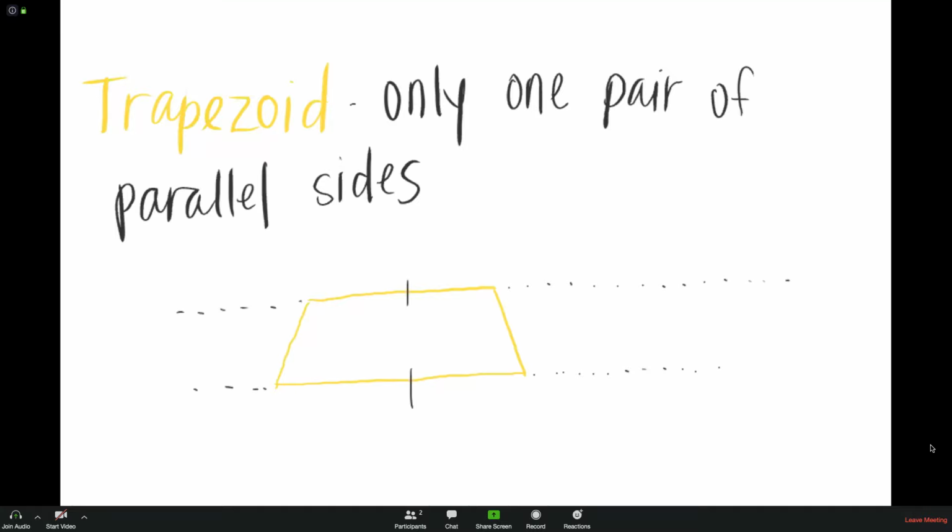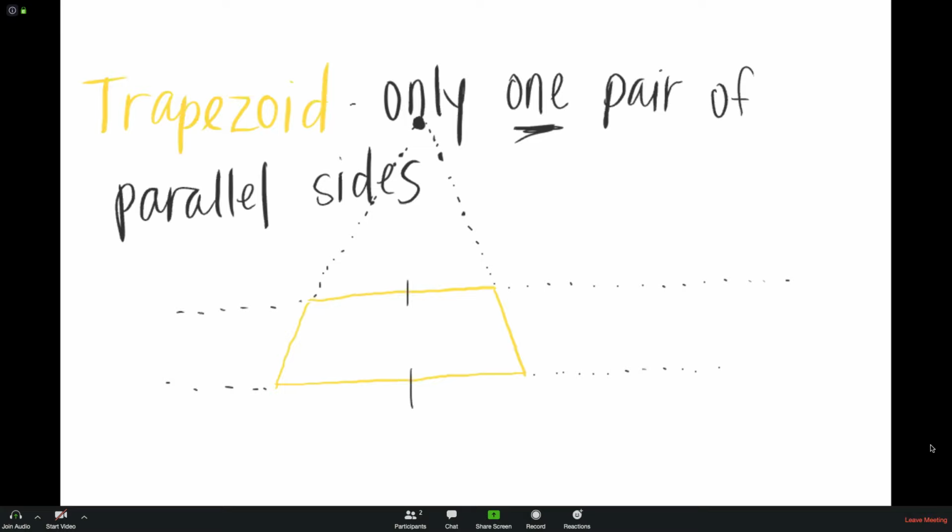Because if you see these lines on the sides, if we extend them far out enough, eventually they will touch up here. Okay? So that means that these lines are not parallel. But because we have one pair that's a trapezoid.